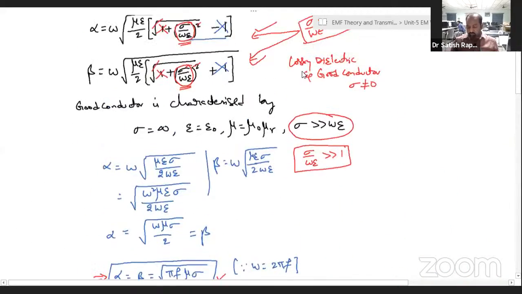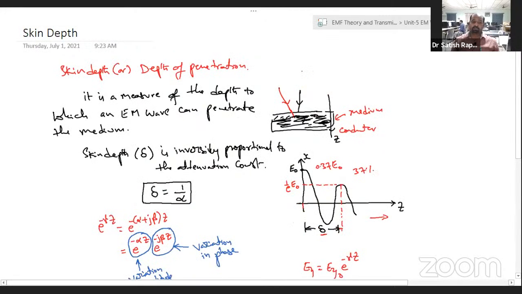And skin depth, or it is also called depth of penetration. That means when a wave is incident on a conducting media, it penetrates to some extent, not deep into the conducting media, because an EM wave cannot travel into a conducting media.